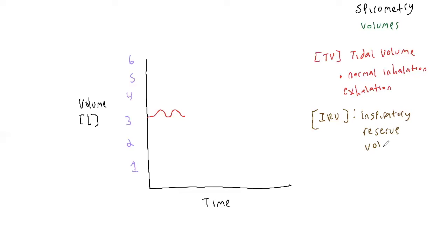I'm not going to write it down to save space. But at the end of a normal inhalation, how much more can you inhale? So at the top of a normal inhalation, they'll ask you to inhale maximally, as much as you can, and then come back down.